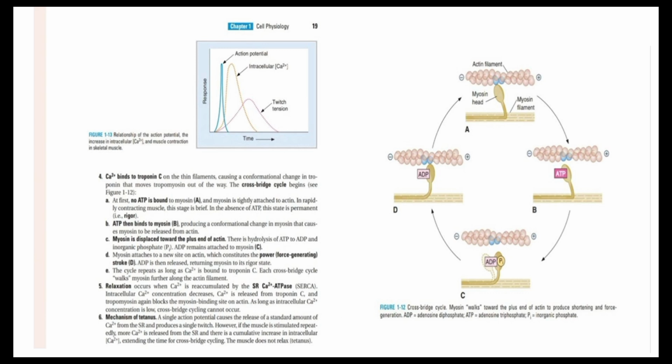The second thing is tetanus. It is a bacterial infection caused by a bacterium known as Clostridium tetani. What is its mechanism? In this condition, the muscles remain contracted, especially the muscles of the jaw and neck. We know that a single action potential causes the release of a standard amount of calcium from the sarcoplasmic reticulum and produces a single twitch.